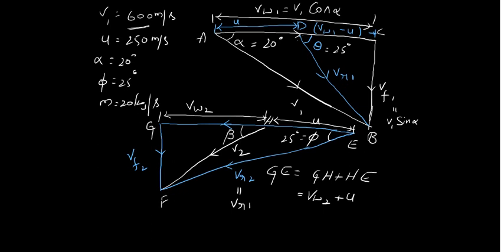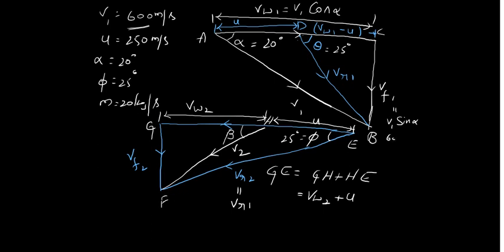Yes or no? Tell something. Tan theta equals sin theta by cos theta. From this inlet velocity triangle, I can write tan theta equals Vf1 by Vw1 minus U.